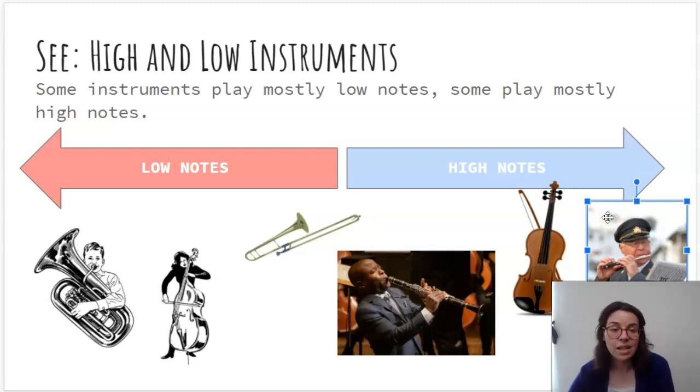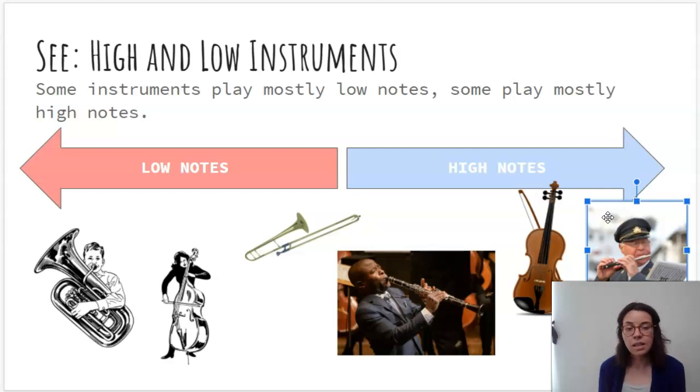That means the strings are very long, and they'll make a very low sound when they are plucked or bowed. Up next, we have the trombone, and this trombone is really just a very long tube. And that tube, when you move air through it, makes a low sound.